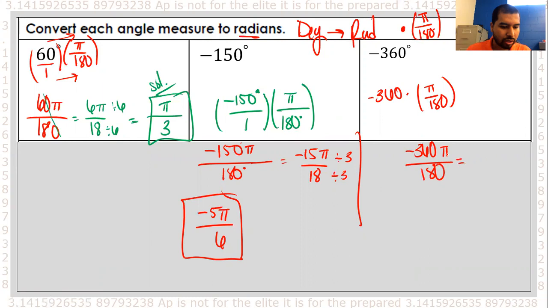I can see 360, if I divide it by 2, I get 180. So that means 180 is a factor. So I'm going to divide everything by 180. So I'm left with negative 2 pi over 1, which is just negative 2 pi as a solution.